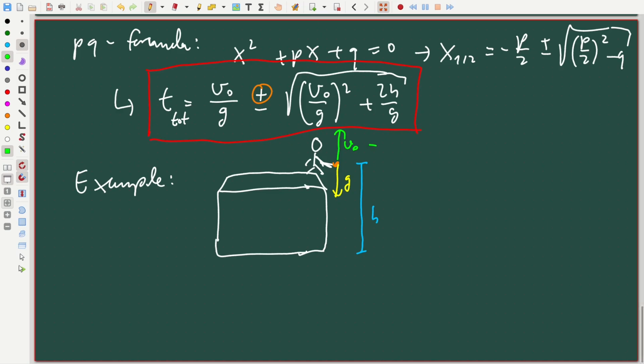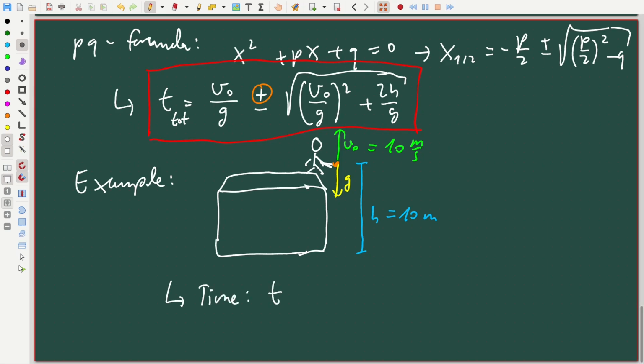So for this v0 we use again 10 meter per second, and for the height we use a value of 10 meter as we have always done before.